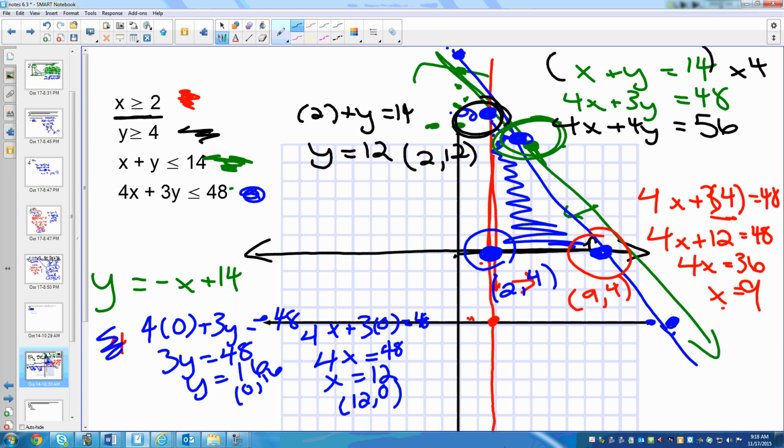And so, I put it right underneath so it saved me a step from writing that equation again because I'm lazy. It's up to you how you do it. 4x and 4x, do I subtract them? Do I add them? So I subtract them. 4x minus 4x is nothing. 3y minus 4y, negative y. 48 minus 56 is negative 8. So I divide by negative 1.